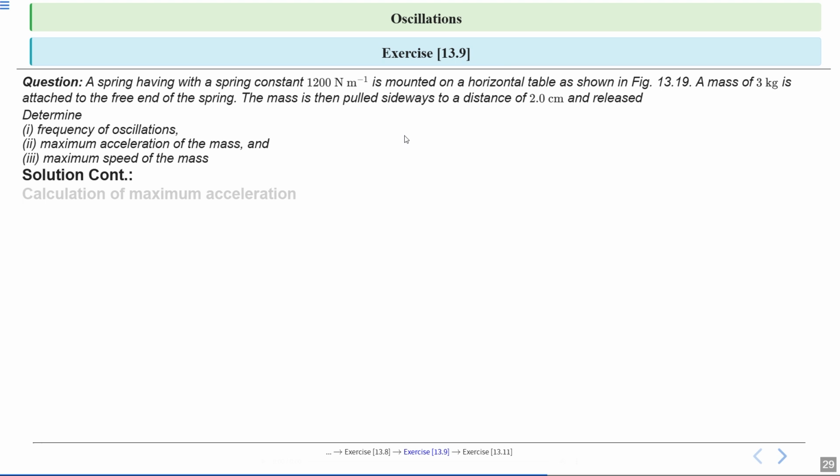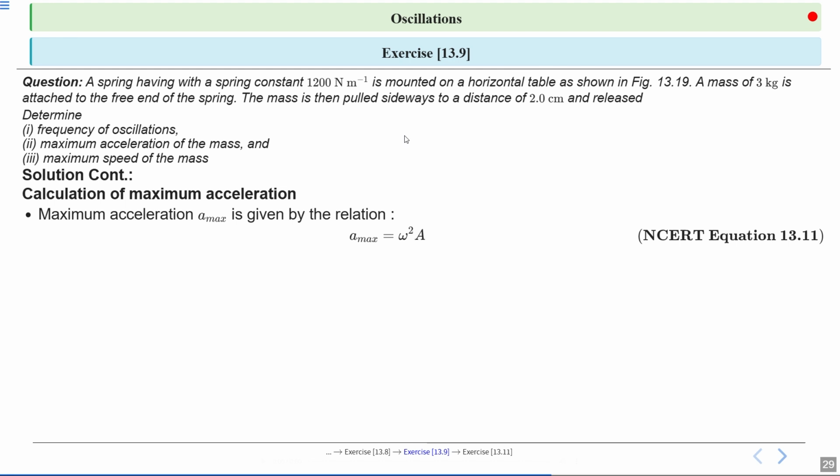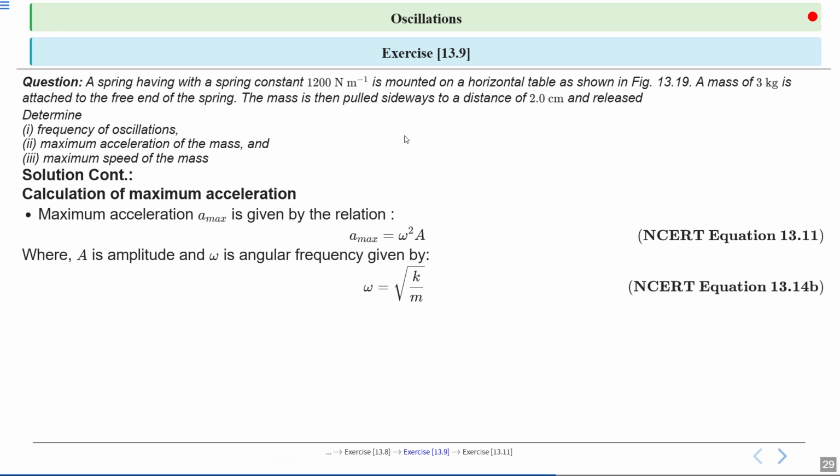Now, calculation of maximum acceleration. So maximum acceleration A max is given by the relation A max is equal to omega square into A, where A is the amplitude and omega is the angular frequency given by omega equal to under root k by m.